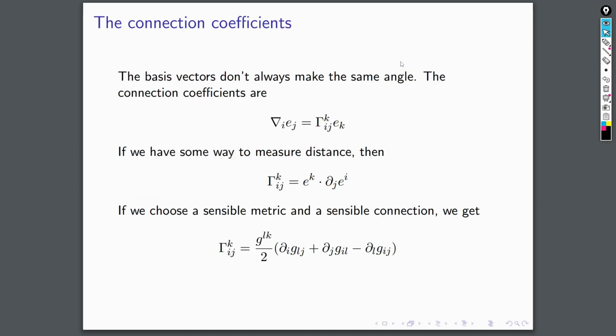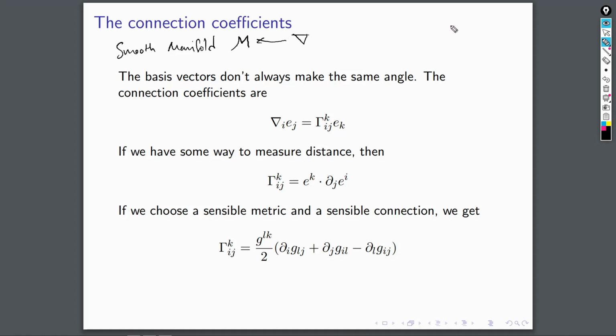All right, next thing is connection coefficients. So this is some quite technical mathematical theory. Basically, if we have a smooth manifold M, we can give it this thing that we call a connection, which is this nabla, okay?